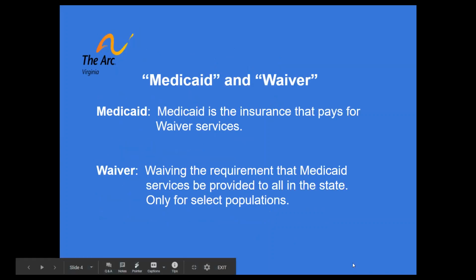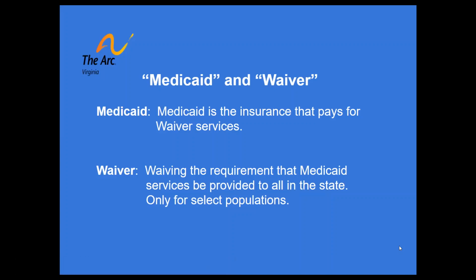Let's look at the terms Medicaid and waiver separately to understand what they mean. Medicaid is the insurance that pays for waiver services. Waiver means that the requirement that Medicaid services be provided to all in the state is waived or not required. Instead, the services in the waiver are only for select populations.